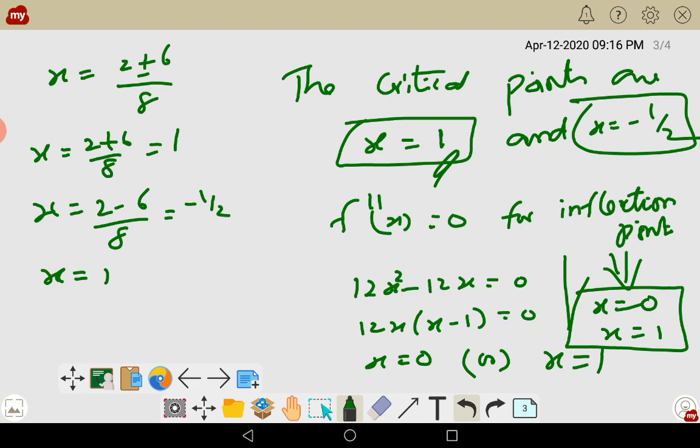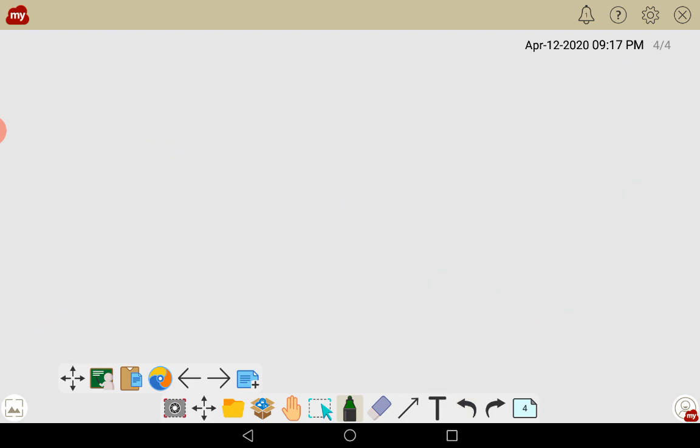So at this point, x is 1 the critical point. We will check whether maximum or minimum occurs later on. At every critical point, we will find whether maximum or minimum occurs. Next, what is the function given to us? You will write the function and check critical points.